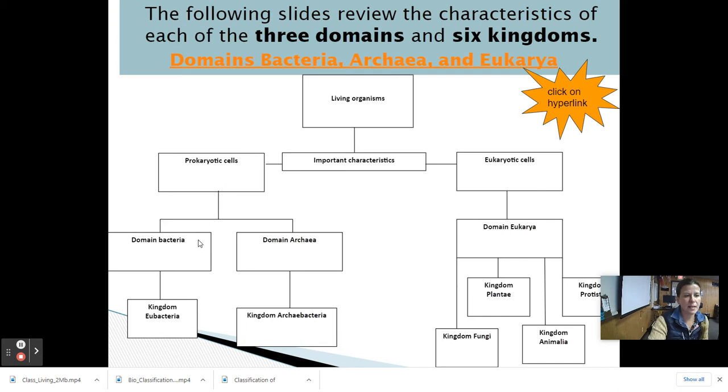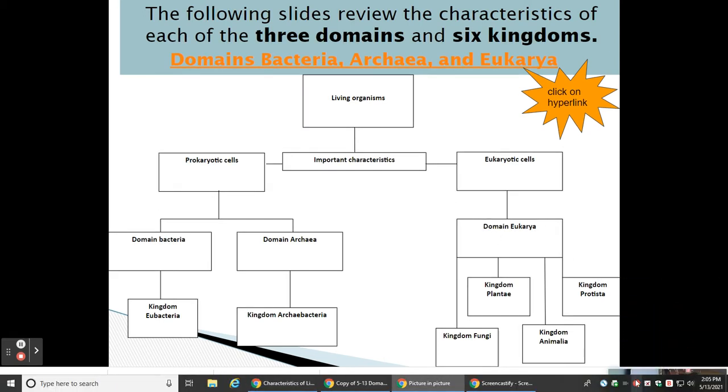And prokaryotic cells also consist of the domain archaea, your ancient bacteria, and they have the kingdom Archaeobacteria. If the organism has eukaryotic cells, then it belongs to the domain Eukarya, and inside the domain Eukarya, we have the kingdom Fungi, kingdom Plantae, kingdom Animalia, and kingdom Protista. So you have three domains and you have six kingdoms.